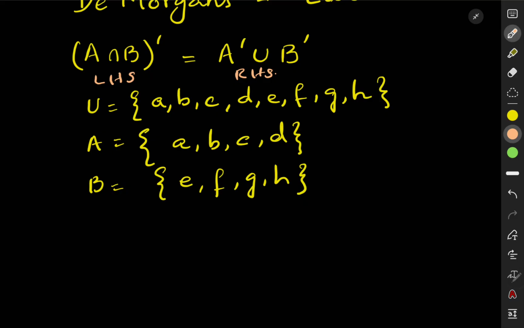So first we solve the left hand side, which is A intersection B whole complement.